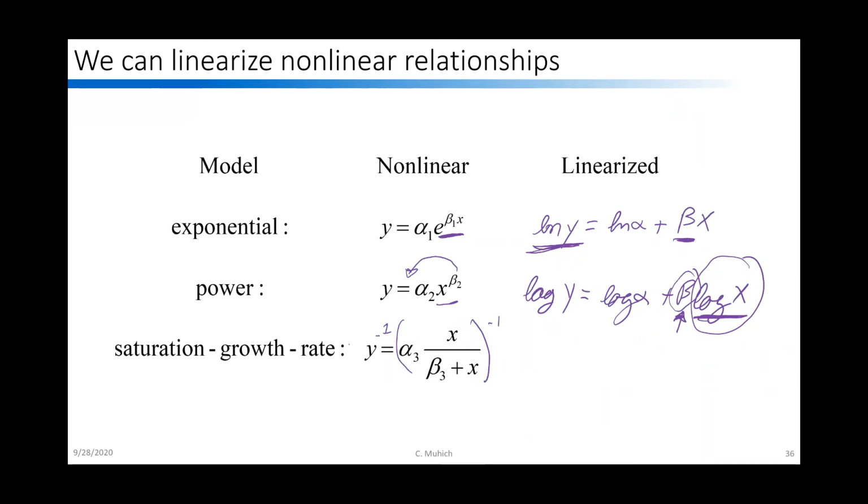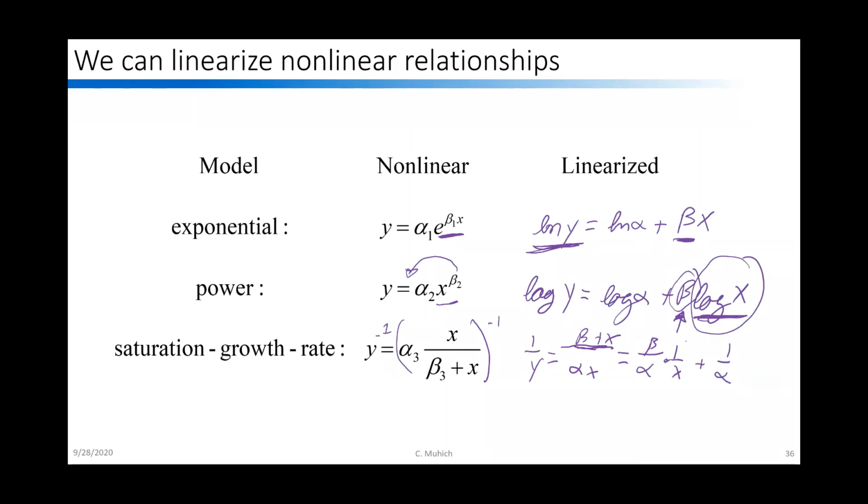If I take that inverse of y, I get 1 over y equal to beta plus x over alpha x, which will leave me, if I split the pieces up, beta over alpha times 1 over x plus 1 over alpha.